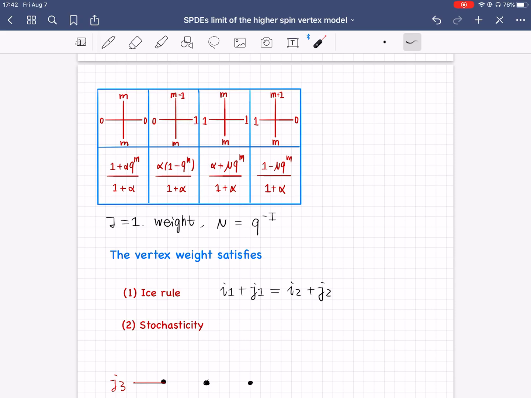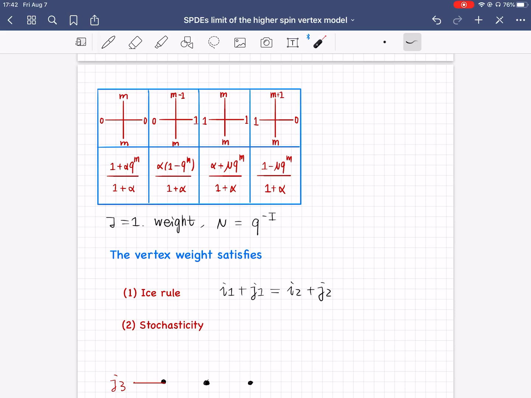Okay. The second property is stochasticity, which means if you fix the number of input lines, for example here 1 and n, and you sum the weight for all possible configurations, you will always get 1. For example, you look at this input I and n, you sum these two vertex weights, you will get 1.